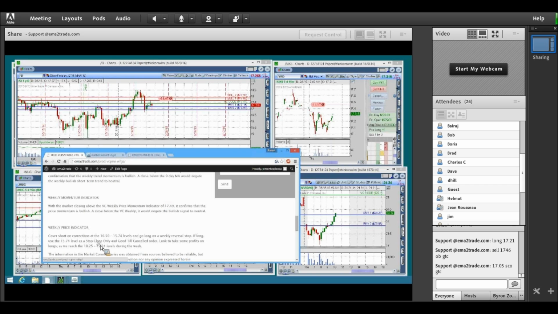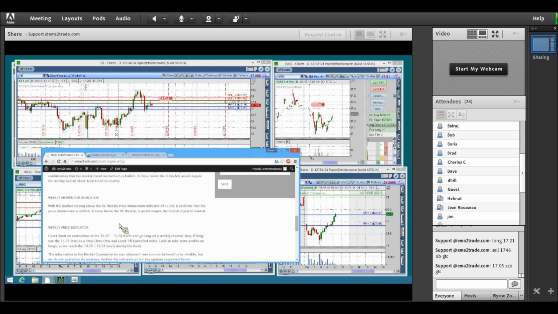Our targets for silver for tomorrow or next week are 1825 to 1924. And we are long with a 1749 basically weekly stop.